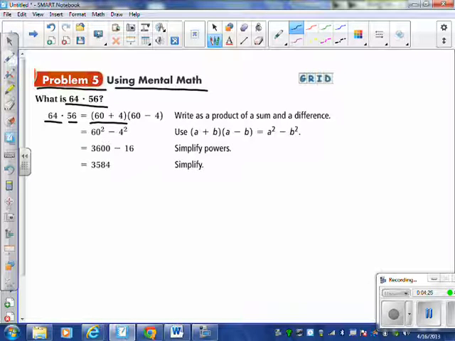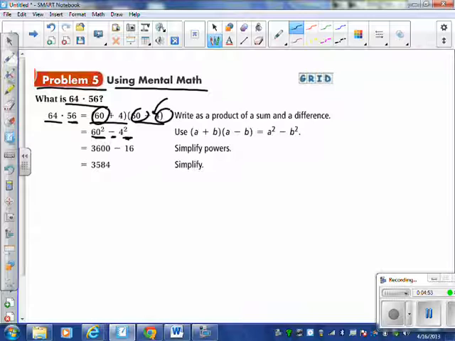If we have 56, that's the same thing as 60 minus 4. So now we have it set up like we did in our last problem. What do we do to solve this problem? We take 60 and we square that. Again, bring down the minus sign. And then take our 4's and square those.